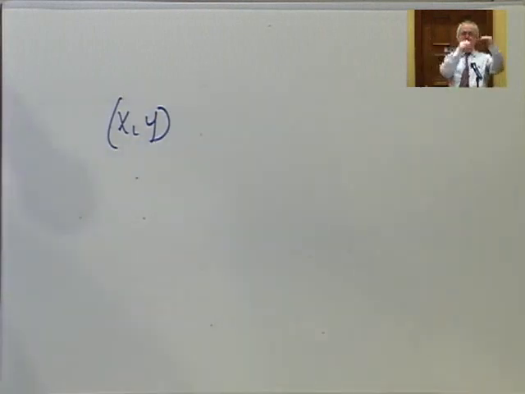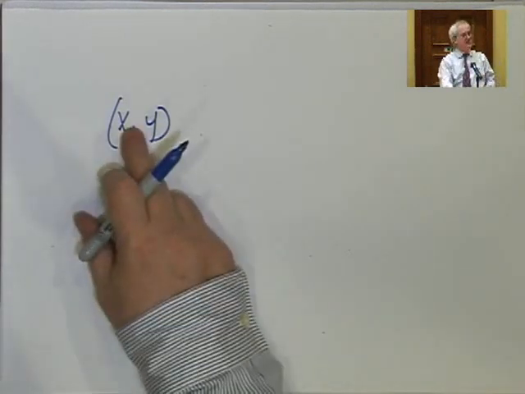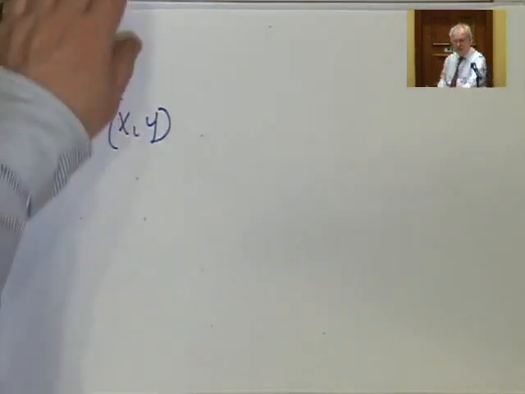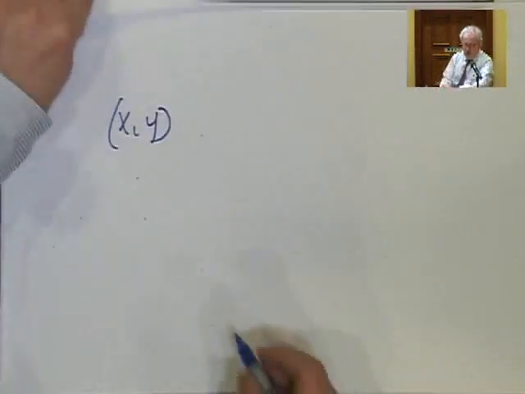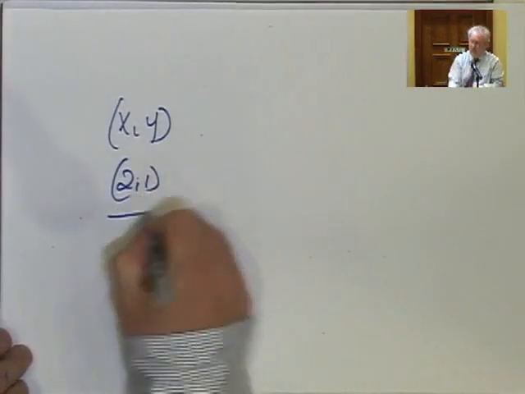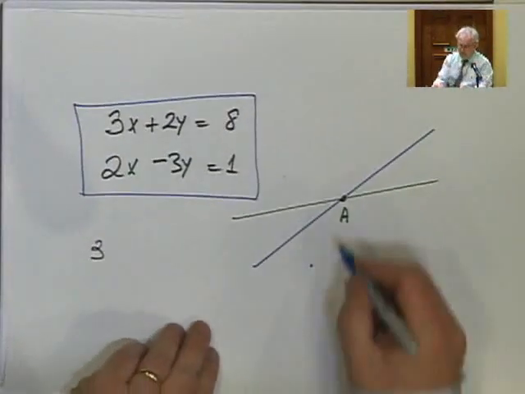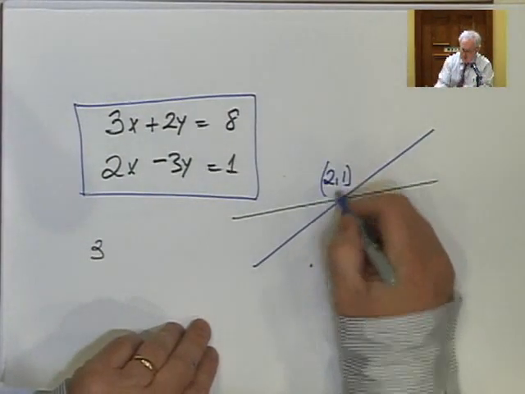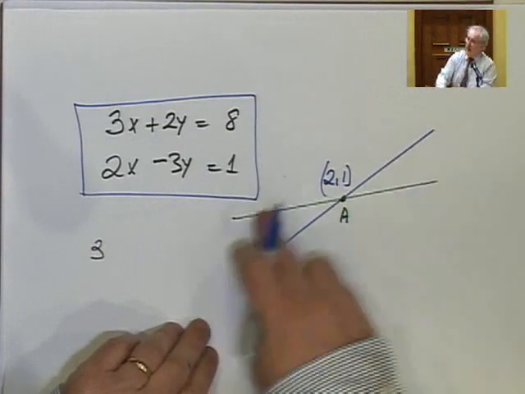In some cultures, they read across right to left or left to right, but they still read horizontally before they read vertically. So x is always the horizontal. I've got 2 for x and 1 for y. It's 2, 1.